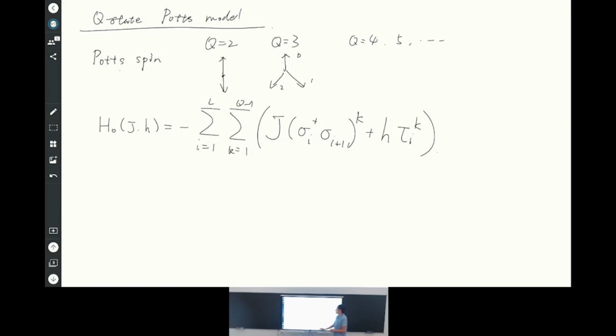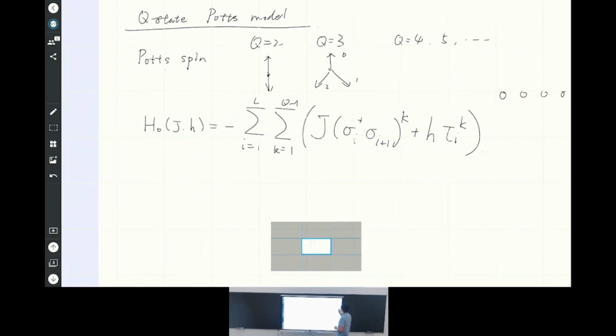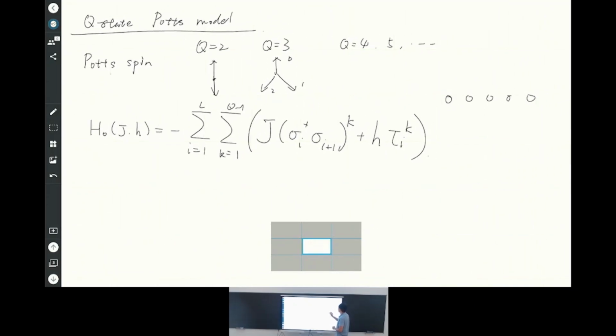So here, i is a site index that describes a one-dimensional chain. So i equals 1, i equals 2, and so on.